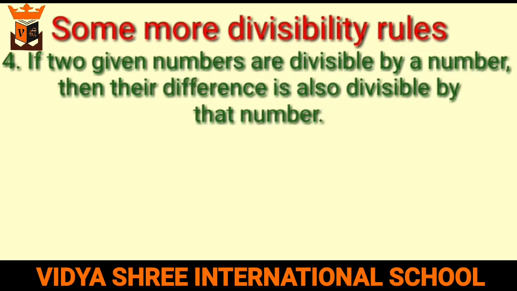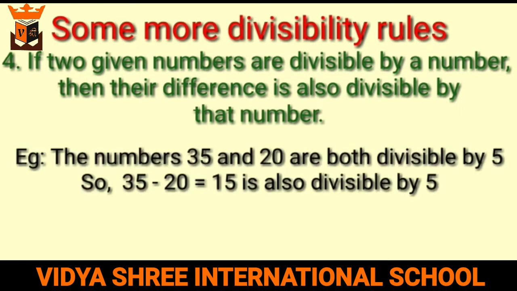Fourth rule is if two given numbers are divisible by a number, then their difference is also divisible by that number. For example, the numbers 35 and 20 are both divisible by 5. So their difference 35 minus 20, which equals 15, is also divisible by 5.